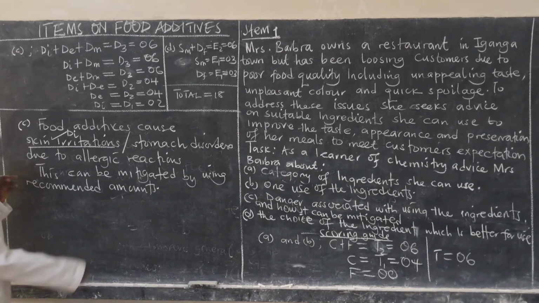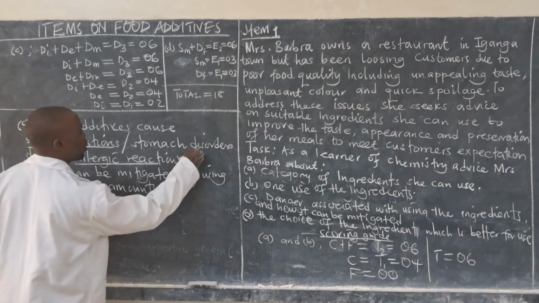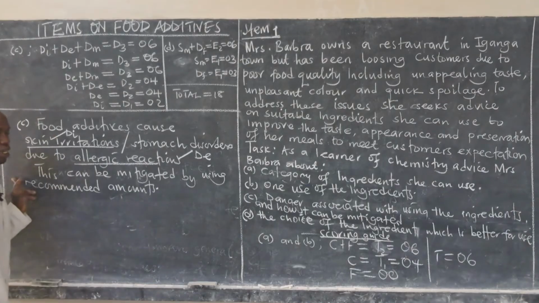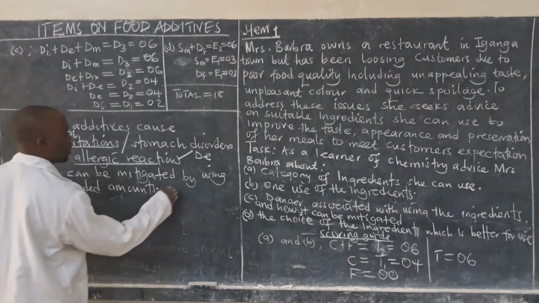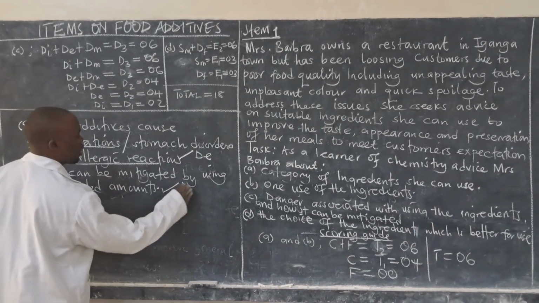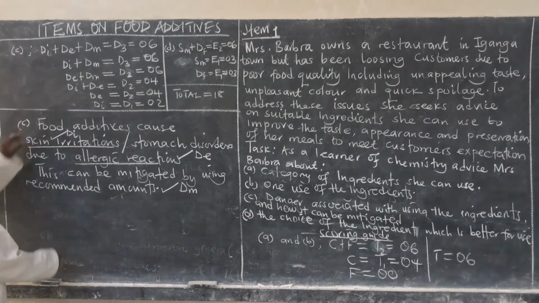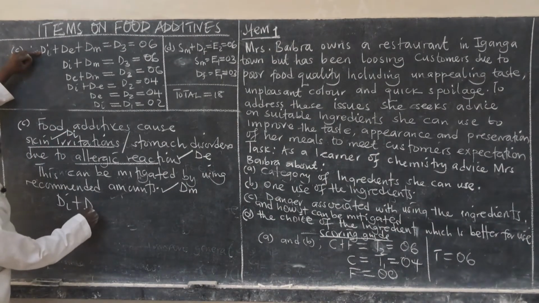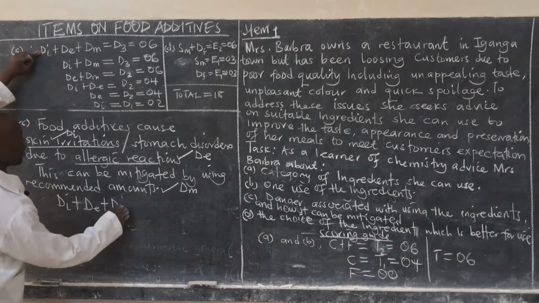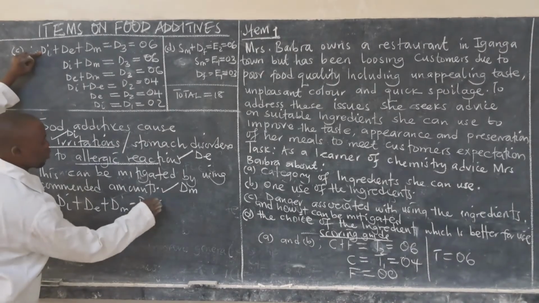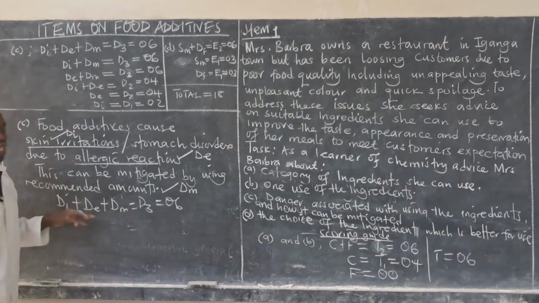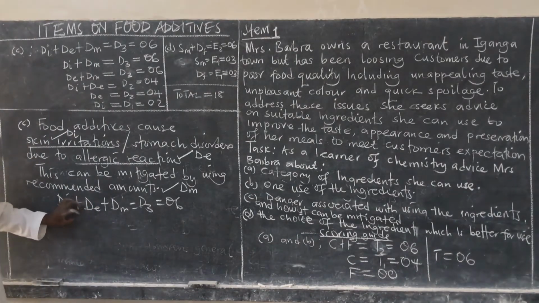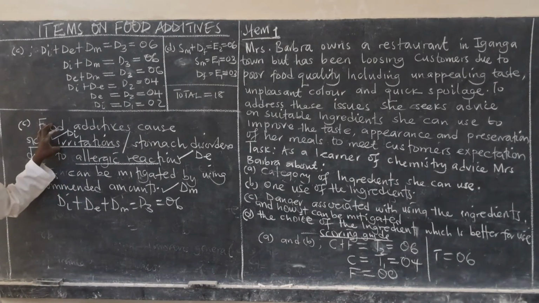What's the explanation to that? It is due to allergic reactions, danger explained. Then it can be mitigated, danger mitigated. So we can use this: danger identified plus danger explained plus danger mitigated equals D3 equals 06 as the maximum score. So other learners can be scored accordingly here.